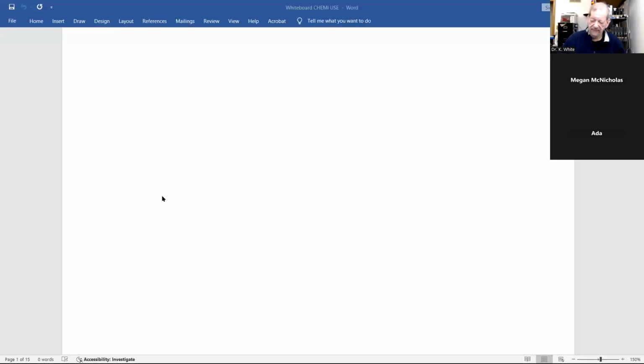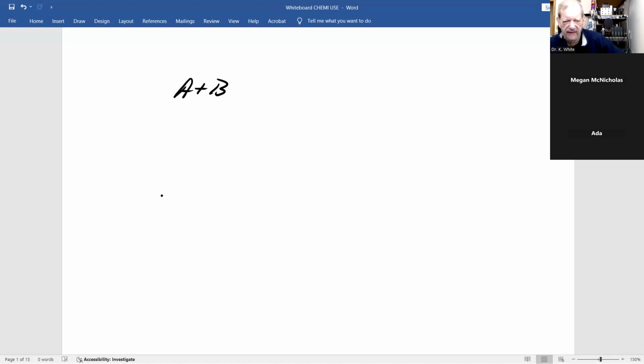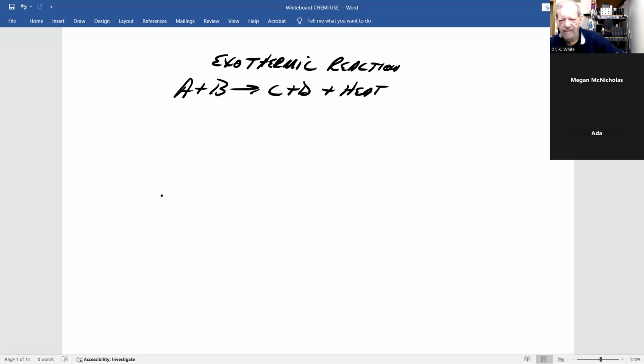All right, you should know how to draw energy diagrams. Let's look at the reaction. A plus B makes C plus D plus heat. This is an exothermic reaction. How do I know it's exothermic?